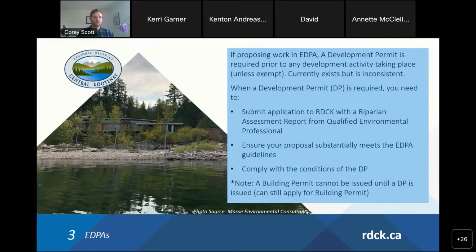And in order to get a permit, there are things that need to happen. So first, an application needs to be submitted to the RDCK with a riparian assessment report from a qualified environmental professional. And really the bulk of the application kind of lives in this report. Next, and I should have probably flipped this, but it's better to do this at the front end of any project, is to ensure that the proposal substantially meets the guidelines of the EDPA.